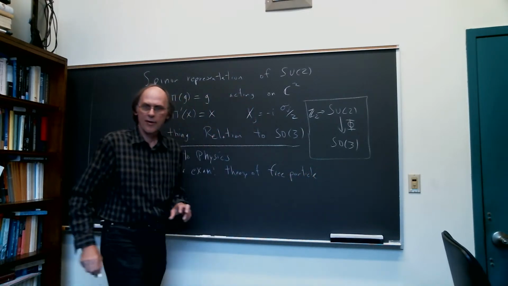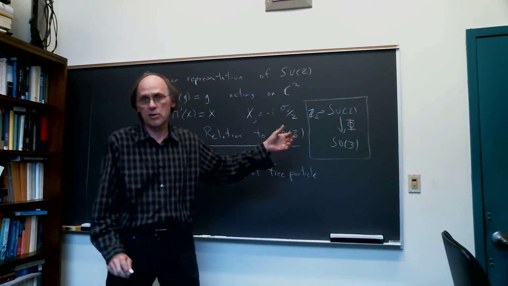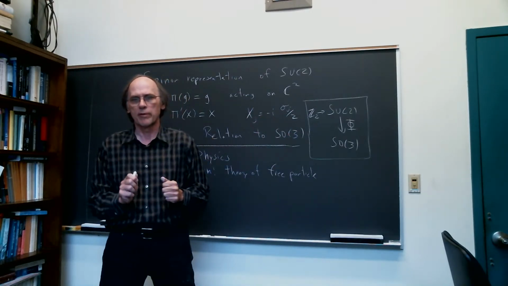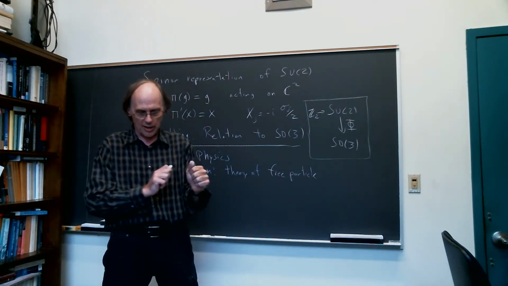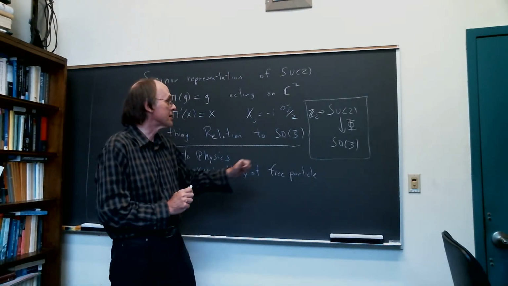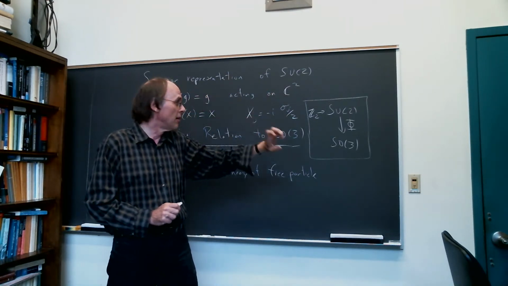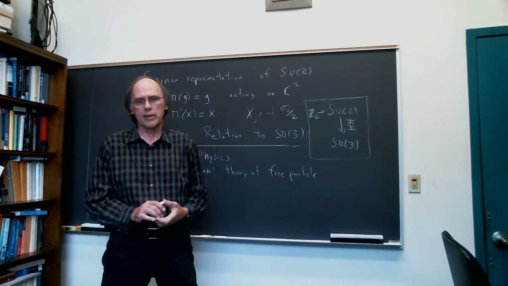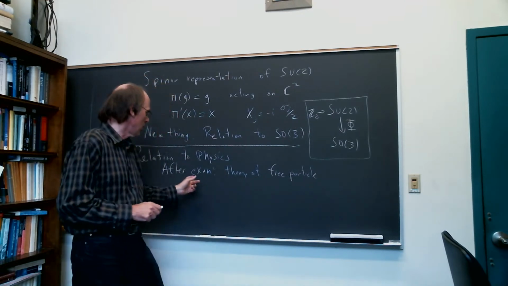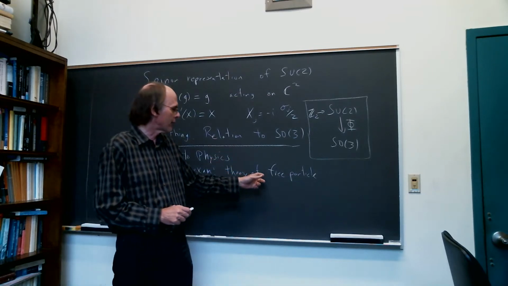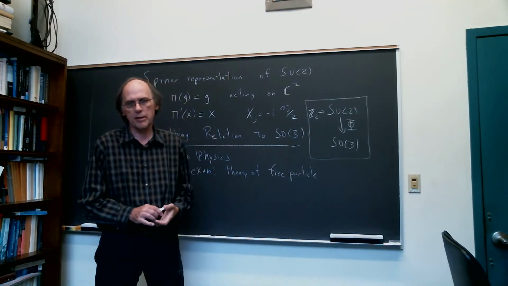So far, everything we've talked about in this course, there's really not enough degrees of freedom to talk about something that's moving, because something that's moving can be in an infinite number of places at once, and these finite dimensional state spaces are not going to ever tell you about that. So we'll talk about the theory of free particles and about wave functions after the exam, the next part of the class.